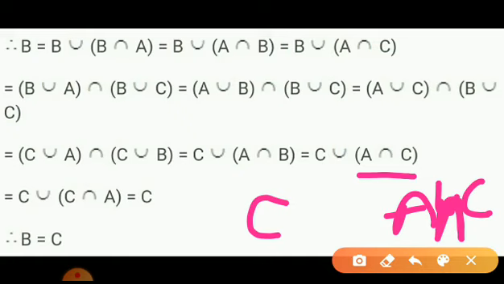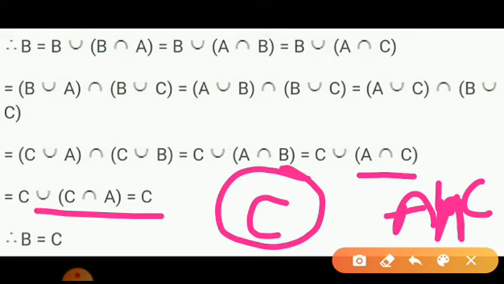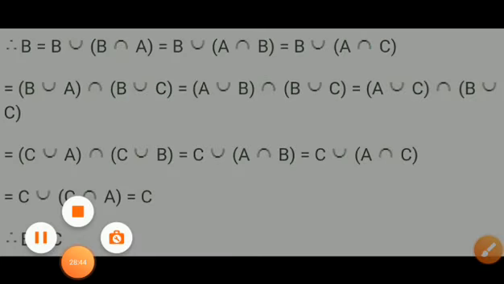So C union (A intersection C), will I get C itself? So we have started with B and we have got it equal to C. And hence that will be the proof. One more time you just go through this question, because all the questions from the miscellaneous exercise are very important. Thank you.